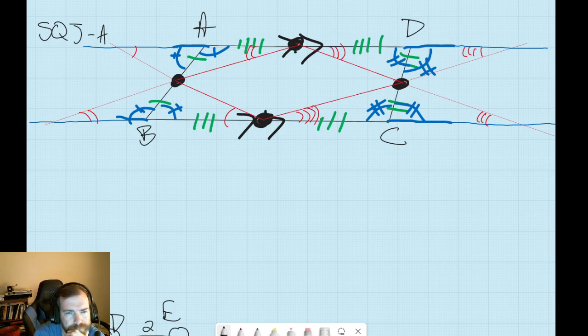So we've got this alpha, beta, gamma, and delta, which are the angle measurements for each of these.